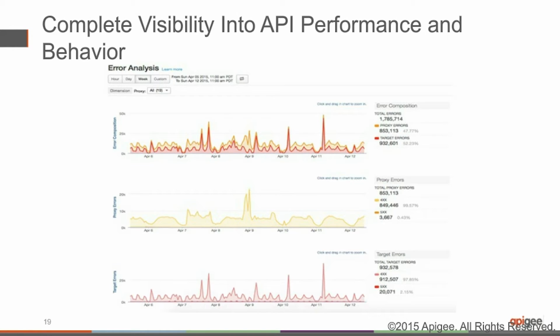Then let's say you incur a spike in traffic, and once you hit that rate limit, all the calls that are coming in beyond that rate limit start getting rejected. So that's another error that you want to measure, so that in the future you can address that by increasing your rate limit, and then also working with your backend systems to increase the capacity, so that you don't have that bottleneck and lose customers and deliver poor experiences to those users.